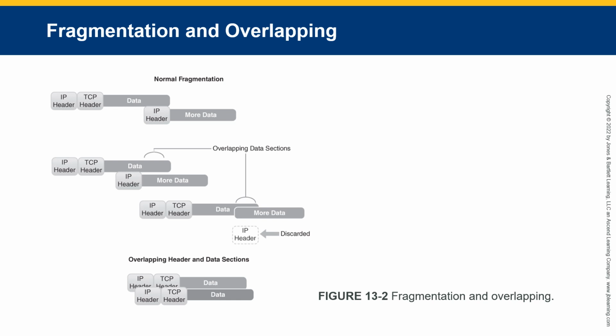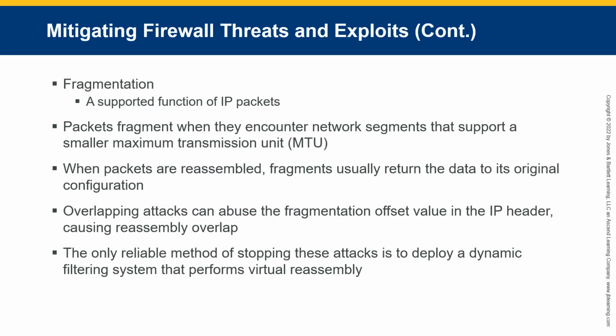And it could have an IP header discarded, and you could send something surreptitiously to your target by utilizing this method. And then overlapping IP header and data sections where you're sending basically almost the same thing every time, and that's a flooding type of situation.